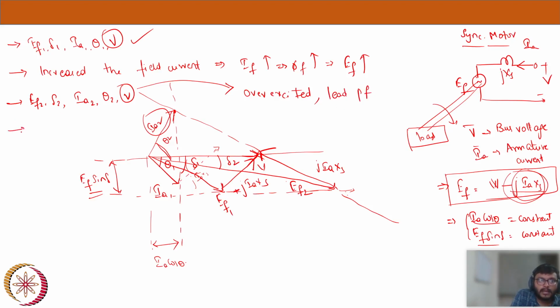Now let's reduce the field current. This is the last case which we will be looking at in the synchronous motor operation. So IF will reduce, and EF will be reduced. So it is an underexcited condition. Now my EF would be somewhere here. The tip of EF should remain on this locus, EF3.